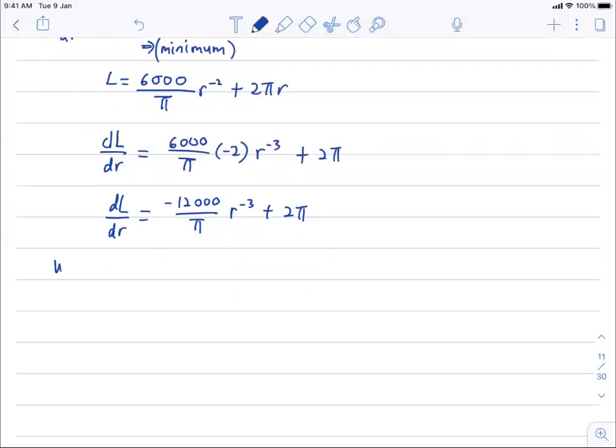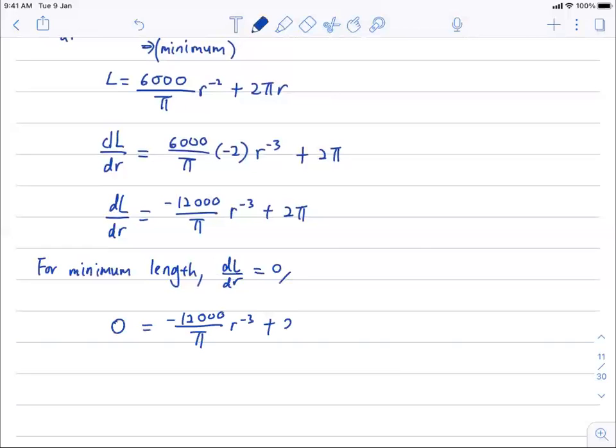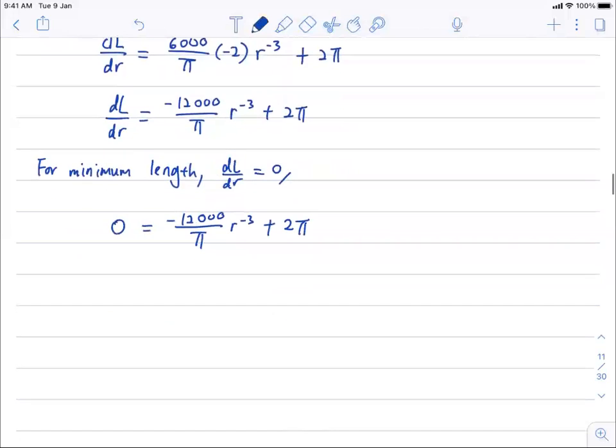So for minimum length, dL/dr is equal to 0. So substitute in 0 equal to -12,000 over pi r to the power of -3 plus 2 pi. Then we move this over, it becomes 12,000 over pi r to the power of -3 equal to 2 pi.